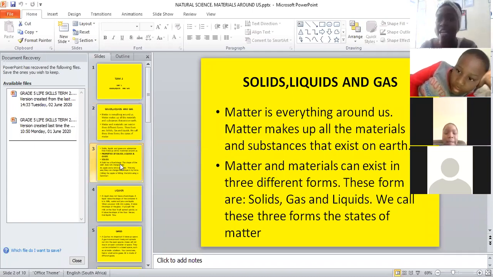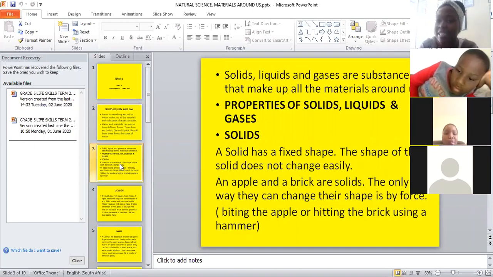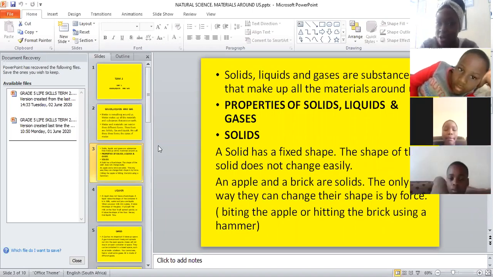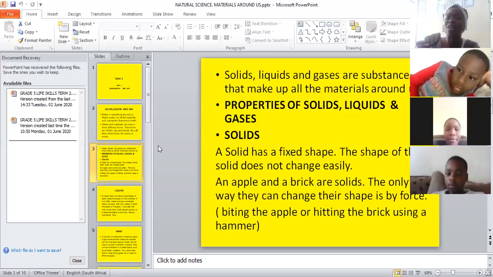It says solids, liquids and gases are substances that make up all the materials around us. Properties of solids, liquids, and gases. So they say the solid, a rock, has a fixed shape. The shape of the solid does not change easily.